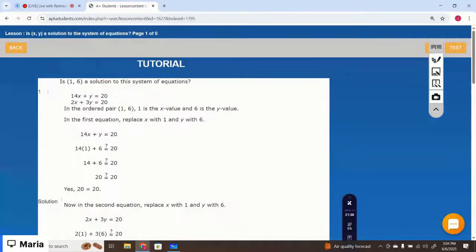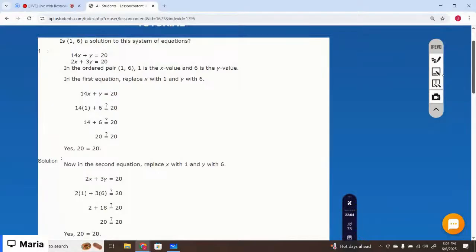We are given two equations: 4x plus y equals 10 and 2x plus 3y equals 20. You need to use the ordered pair (1, 6). The x value is 1, the y value is 6 for the equations, and you have to see if both the equations are true for this value.